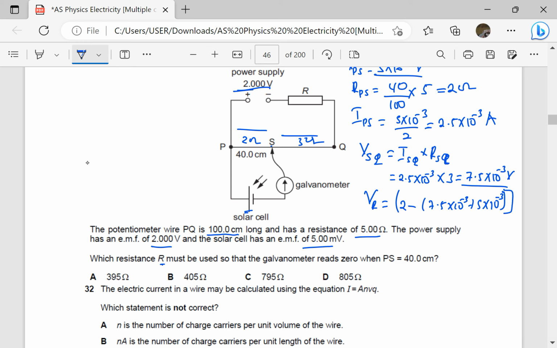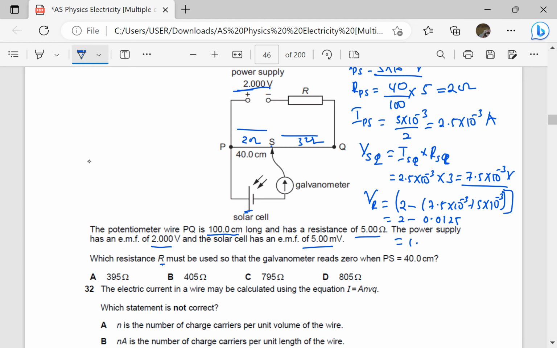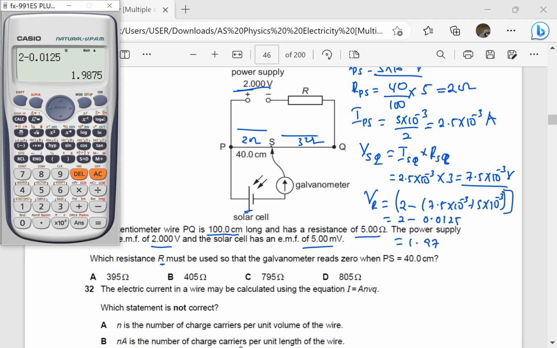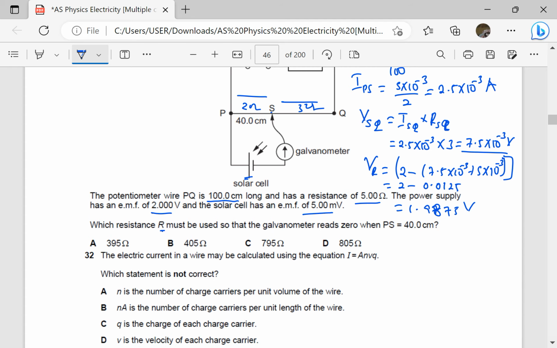So this is 2 minus 0.0125. So 2 minus 0.0125 gives us 1.9875 volts.